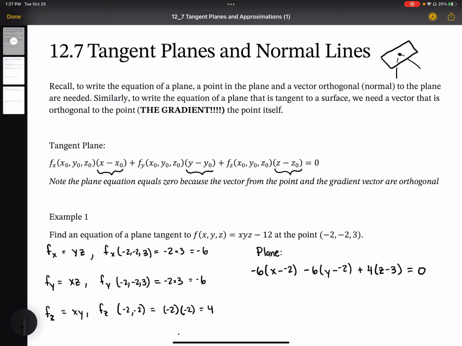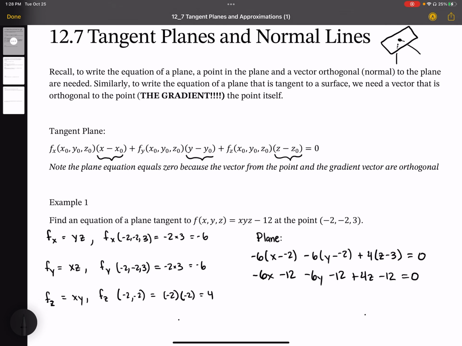For my purposes, that's good enough. But on a multiple choice test or something, you may see this go farther. So this is x plus 2. So that's really -6x minus 12 minus 6y minus 12 plus 4z minus 12 equals 0.